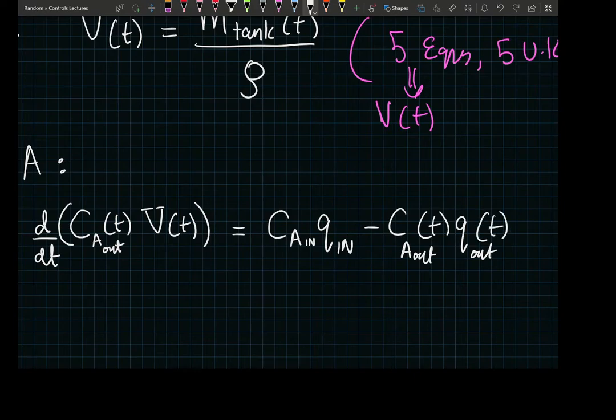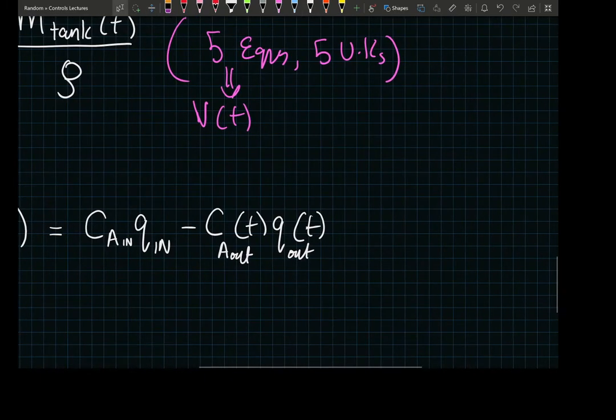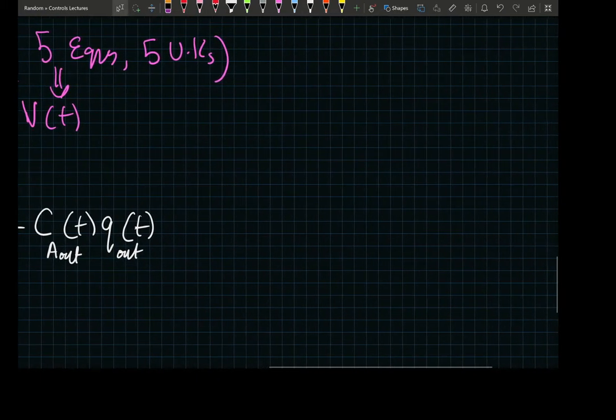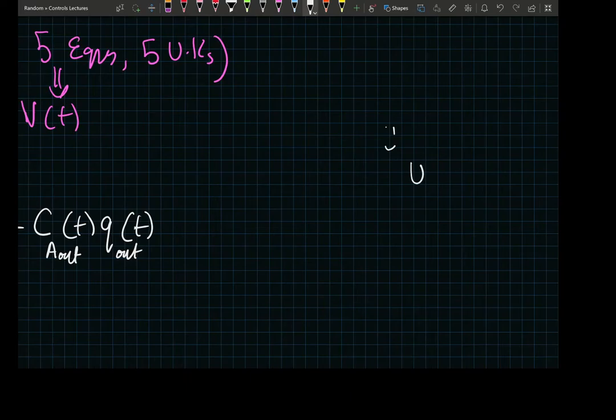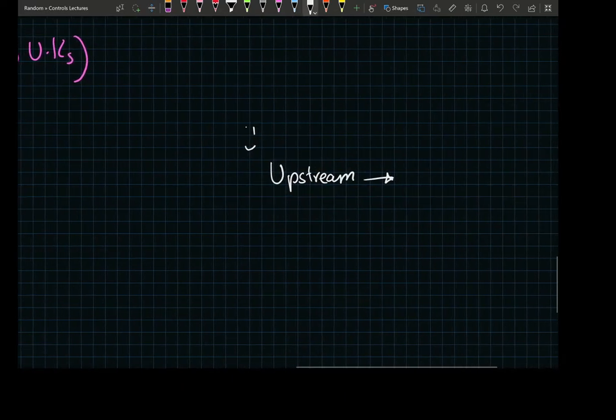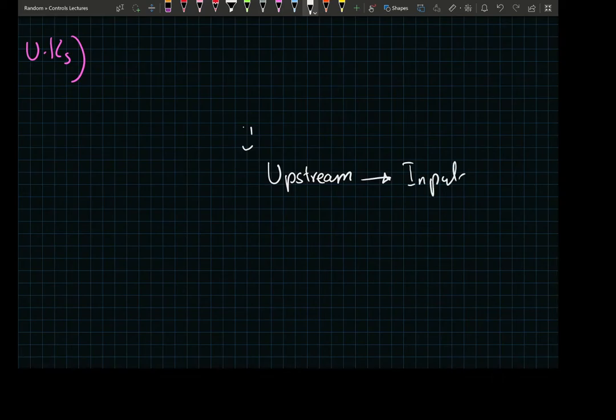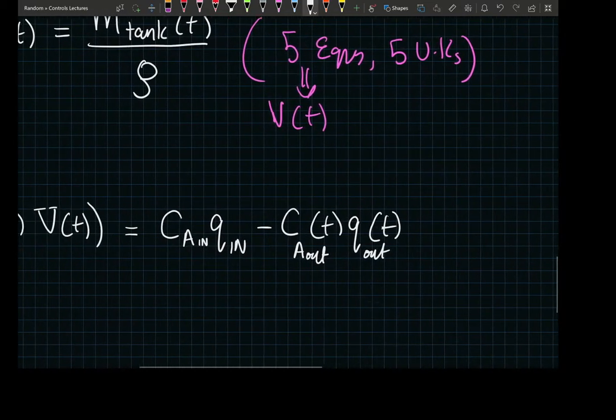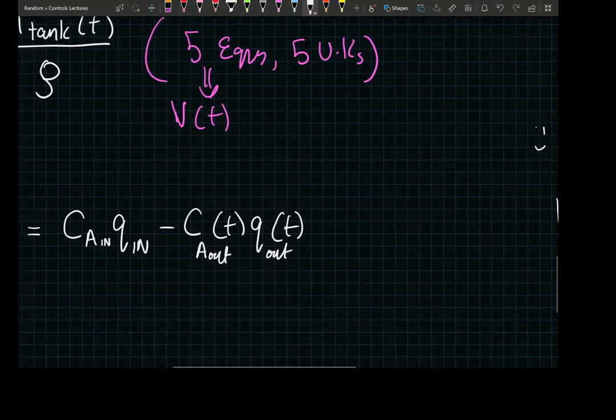These are the output variables, the downstream variables. Keep in mind, upstream is input and downstream is output. Just keep that in mind.